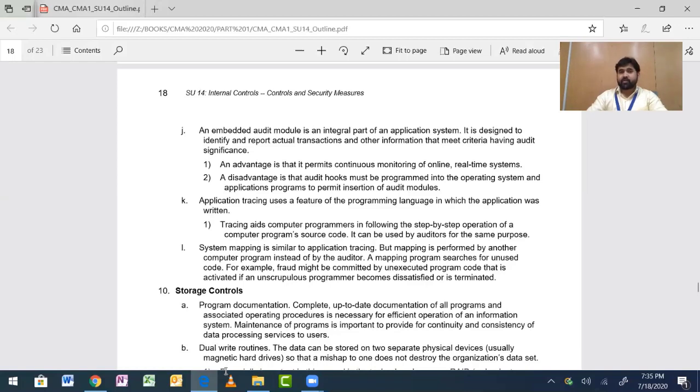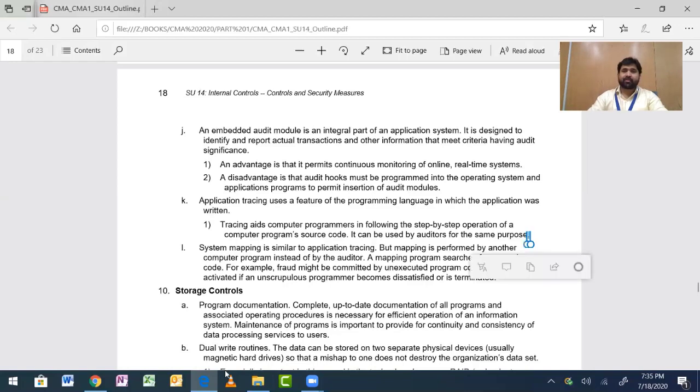Application tracing uses a feature of the programming language in which the application was written. Tracing aids computer programmers in following the step-by-step operation of a computer program's source code. It can be used by auditors for the same purpose.